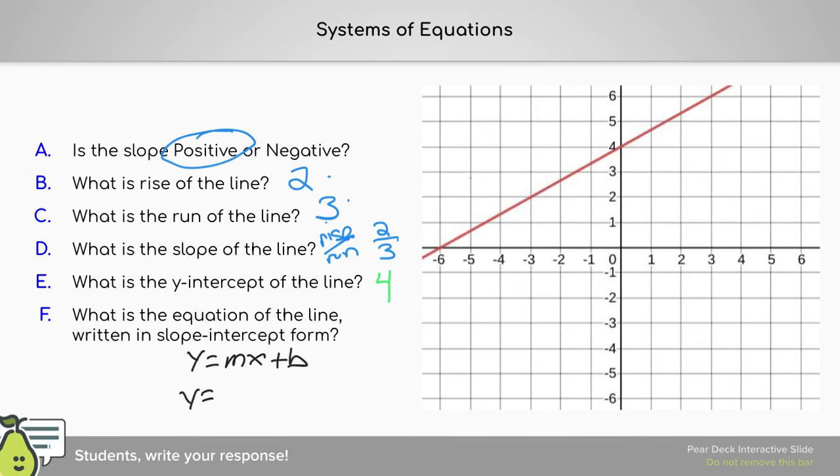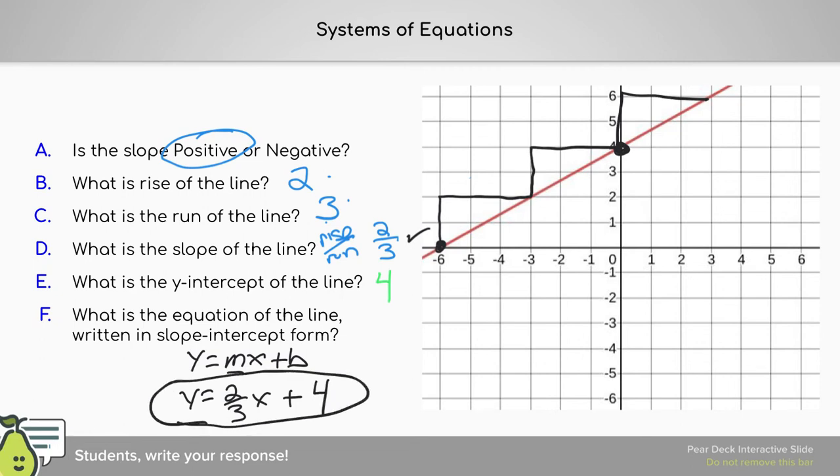So y equals, the m is going to represent our slope, which is 2/3. We put the variable x next to the slope because that's what's changing. Plus b, which is our y-intercept. This is just our constant number, and that's just going to be 4. And there is our equation in slope-intercept form.